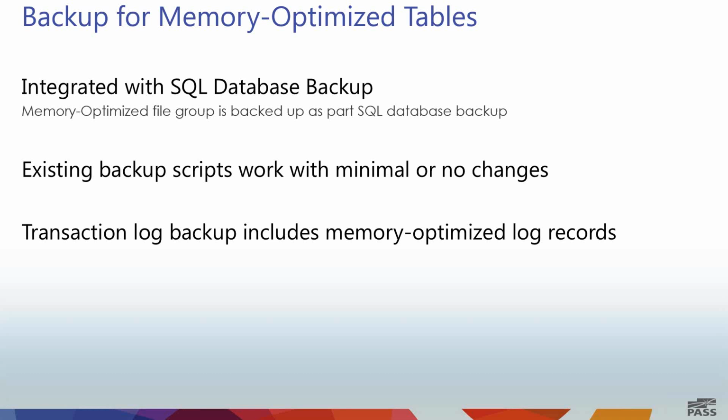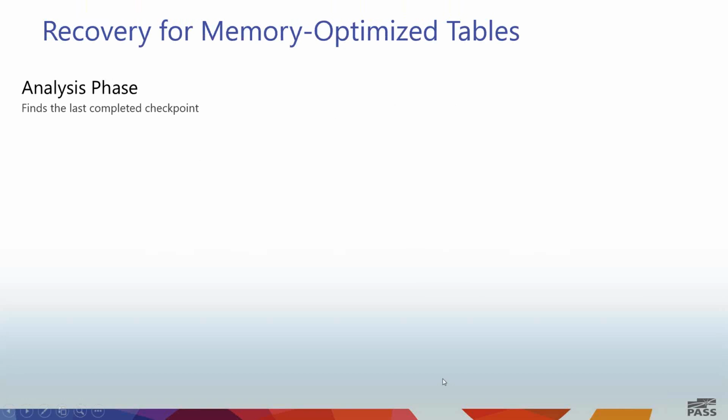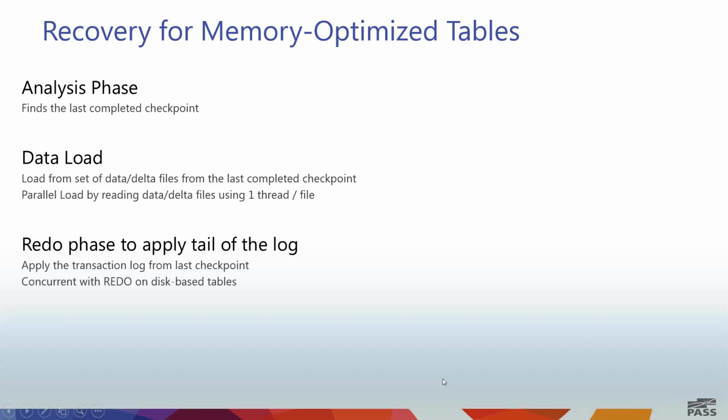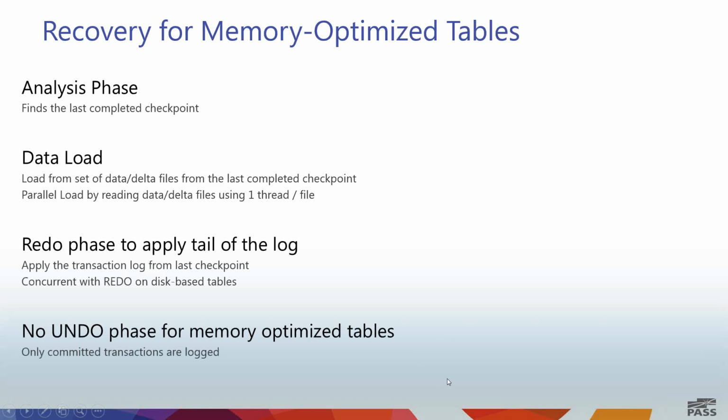Let's go to the next slide on recovery. What happens during database recovery, which is run either on restore or on server restart, is that first we have an analysis phase where we find the last completed checkpoint. Then we load data from the checkpoint files, the data and delta files, into memory, and reconstruct the tables and indexes. And we do parallel load.